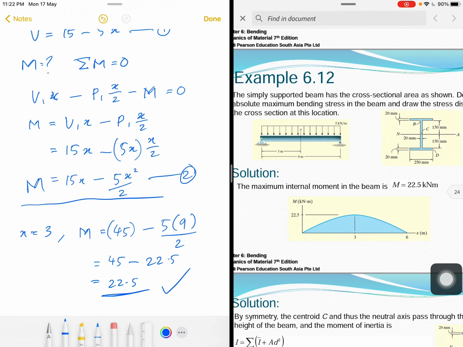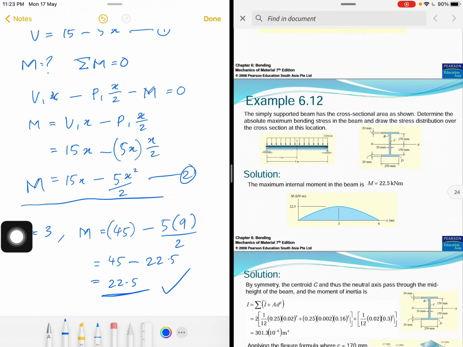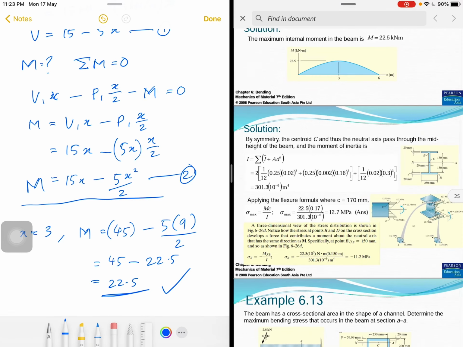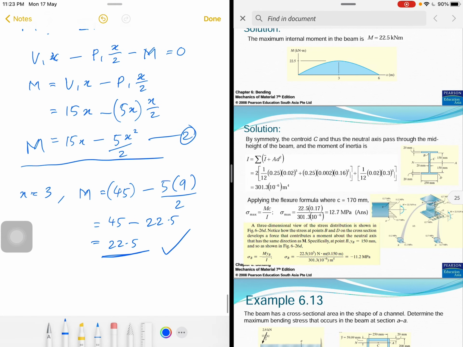Okay, actually you need to find this equation first, and then you can get this curve. But I show you this trial just to show that my equation is correct. Actually, this equation is not included here, but you can.